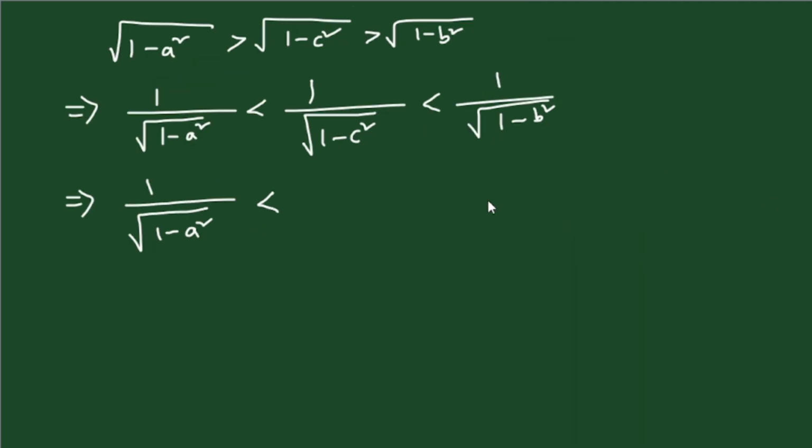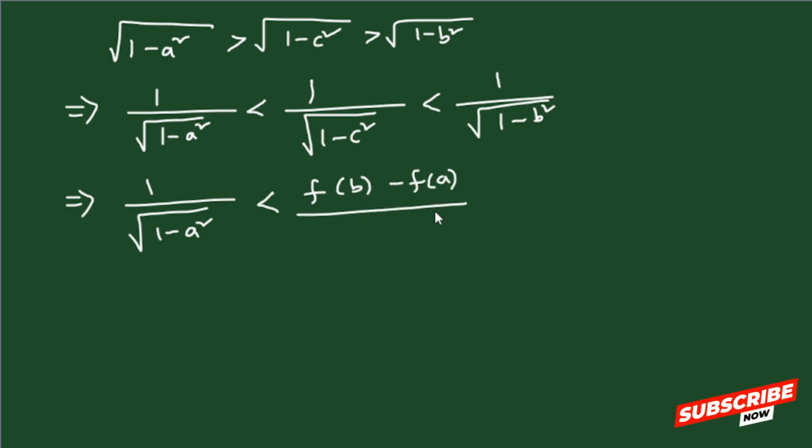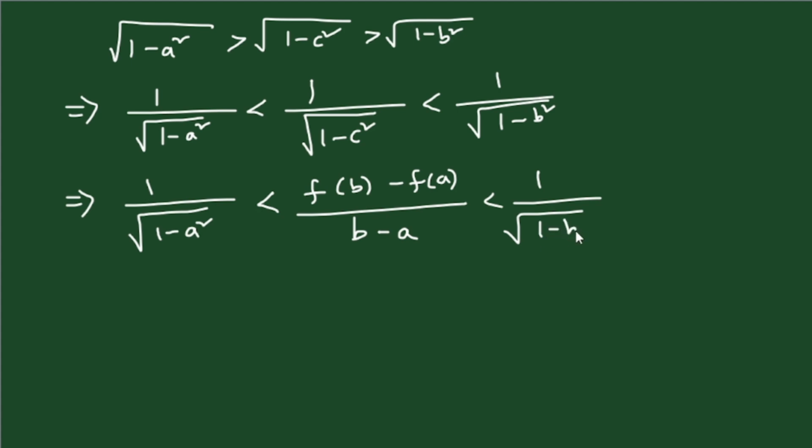So by equation 1, you can write here f(b) minus f(a) by b minus a less than 1 by square root of 1 minus B square. Now you multiply everything by b minus a, because we are given a less than b, that means b greater than a, both are the same.